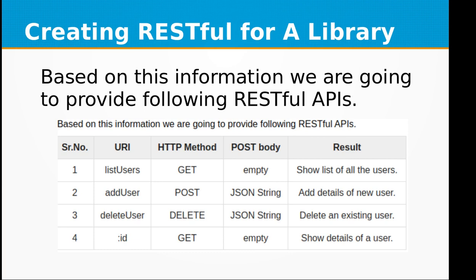Then we have delete user. It uses DELETE HTTP method and it is used to delete an existing user. At the end we have show detail by ID. It is a GET request and it shows details of a user, and the ID is basically the unique identifier in the user data.